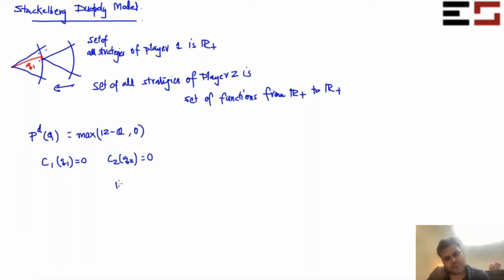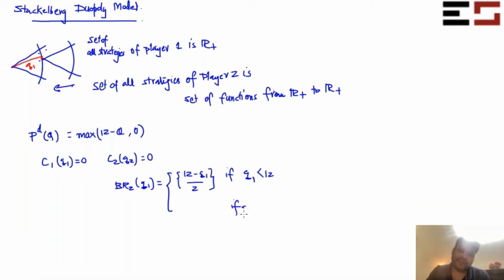BR2(q1) is equal to, I think, (12 minus q1)/2. Just check. This is the best response if q1 is less than 12. And if q1 is greater than or equal to 12, then he can choose anything in R plus.